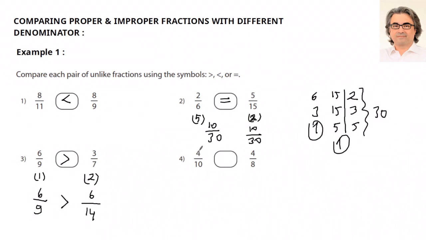So 4 over 10 is smaller than 4 over 8. The result coming from 4 over 8 will be greater than the result coming from 4 over 10. You know these facts from the division operation. Okay. Now let's continue with the next page.